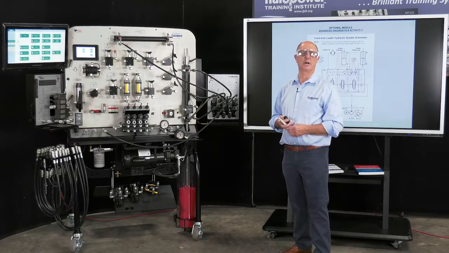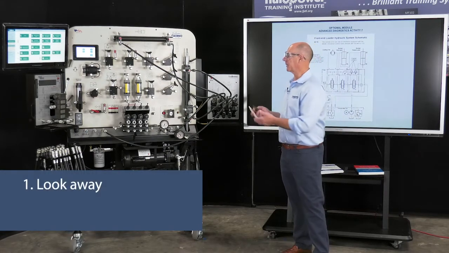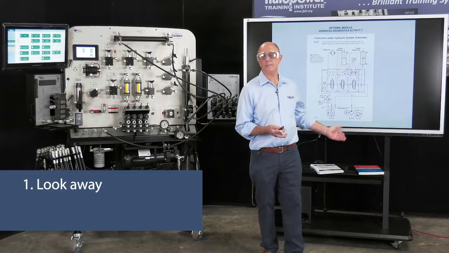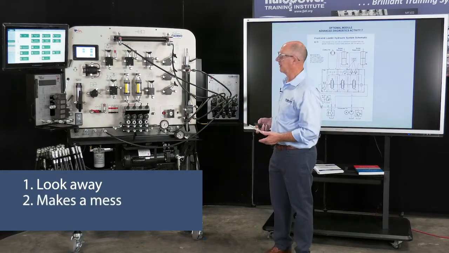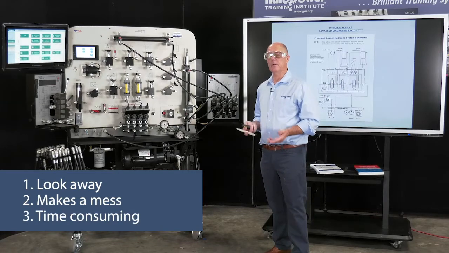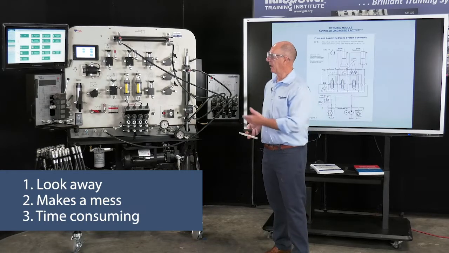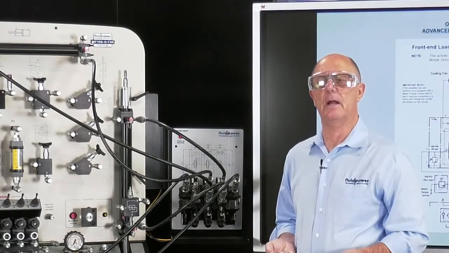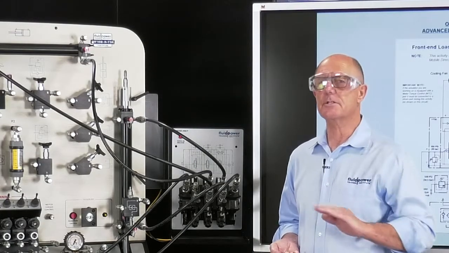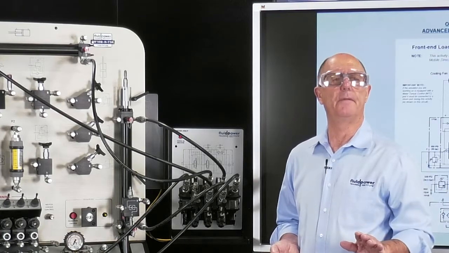It was a complete disaster because, number one, I had to tell the student to look the other way, and then of course they start losing focus. Number two, I made a mess, and number three, it was awfully time consuming, and I had 6 or 8 simulators. I was running myself ragged, and I decided back then we've got to do a better job than this.